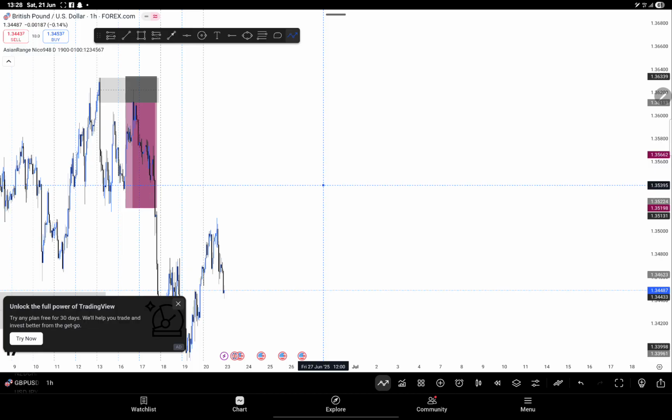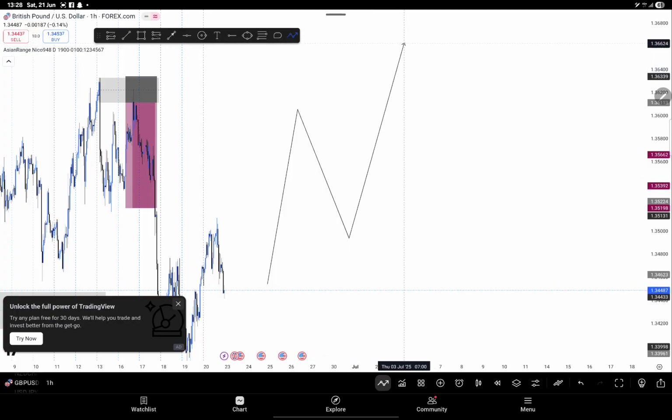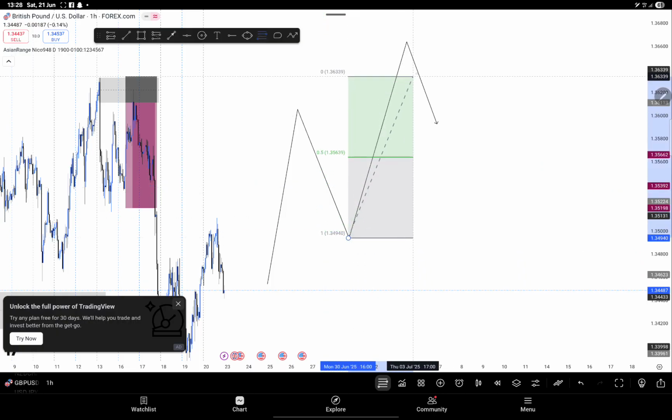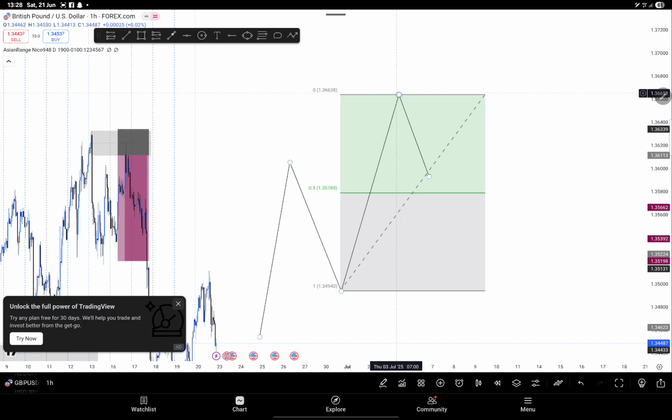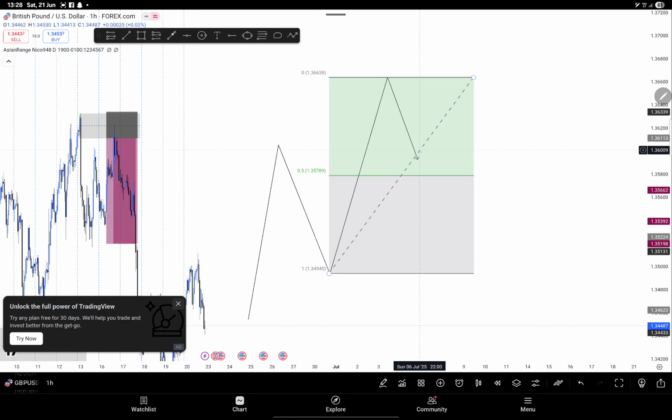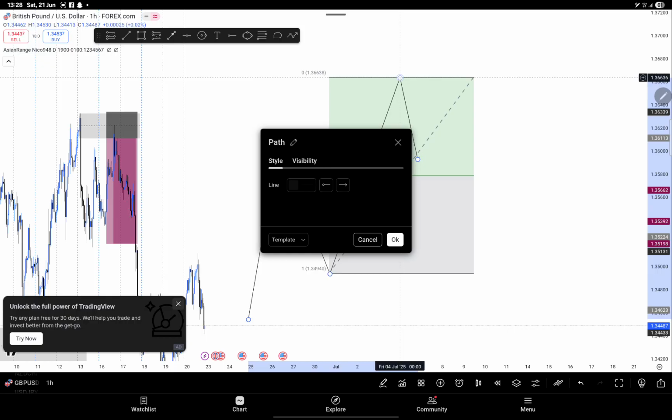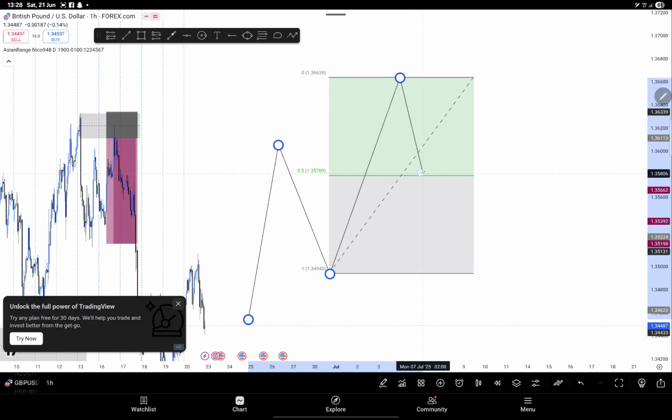Price gave a swing structure and needed to create a substructure. Taking out my Fibonacci, I measured from here to here, and since price started turning at this point, we're expecting a retracement to this level.